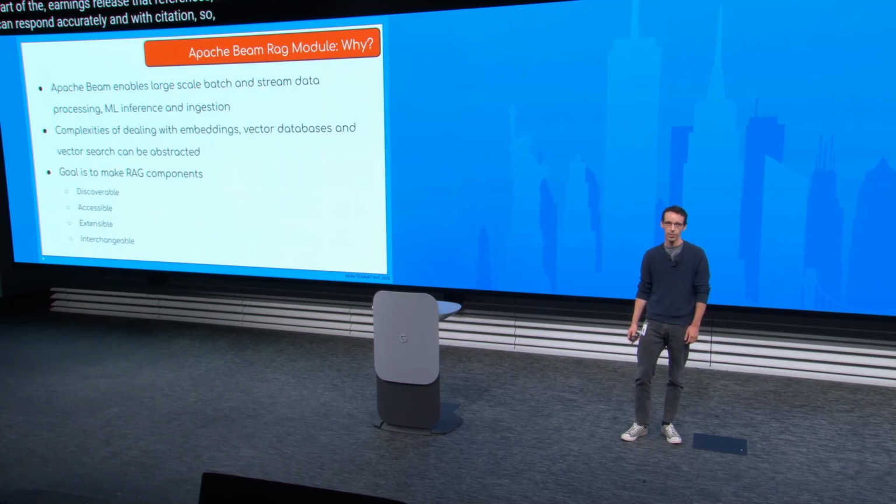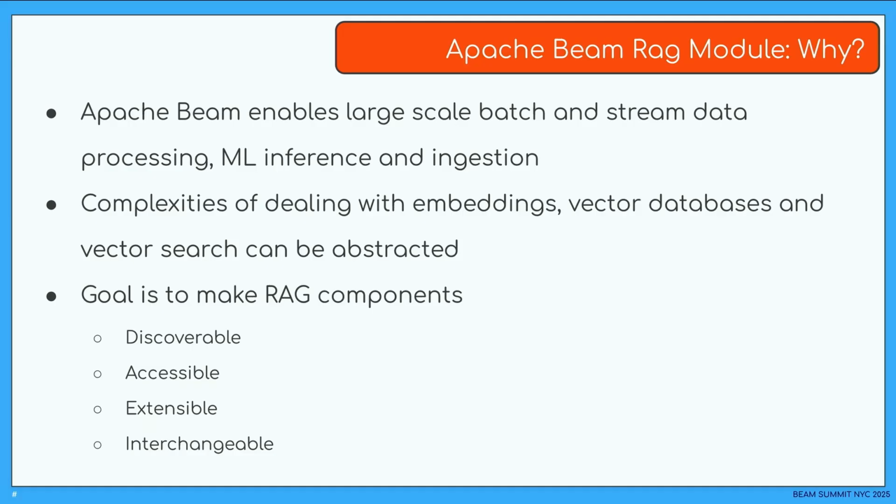So why build a RAG module in Apache Beam? Some might be aware that most of these things are already possible, but there are complexities of dealing with embeddings, vector databases, and there is value in abstracting these, especially for users who might not be familiar with Apache Beam.